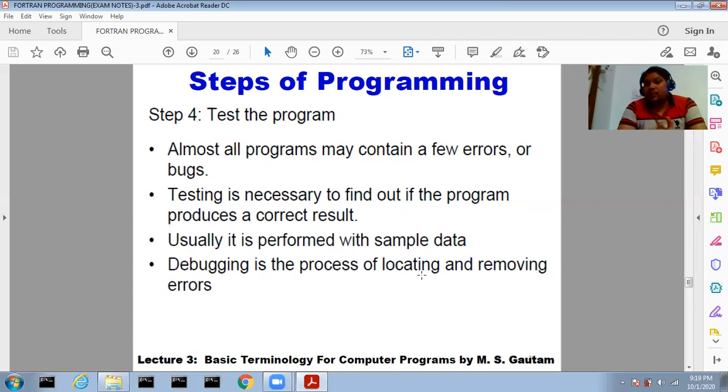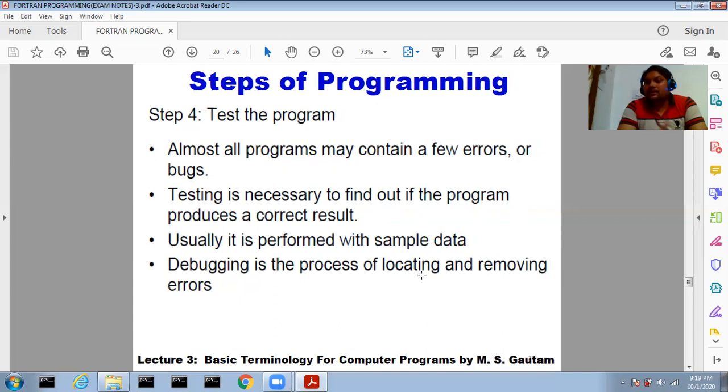Whether the program is correct or incorrect, whether the program contains some errors or may not contain any error, that depends upon the test of the program. So after conversion of our problem into programming language, we have to test the program. Testing of program means we have to find the errors, whether there are errors or not.